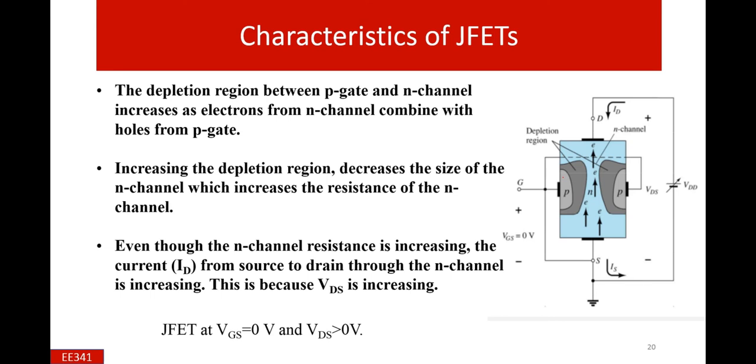In short, when VGS is 0 and there is a certain voltage applied by the VDS or VDD source, this makes the depletion region thicker in the upper region whereas thinner in the lower end region, and definitely it will reduce the current.